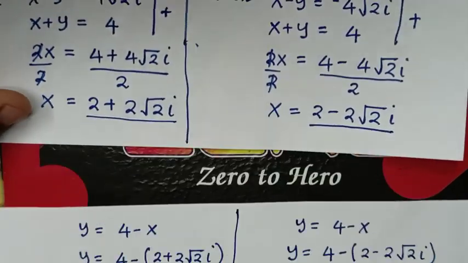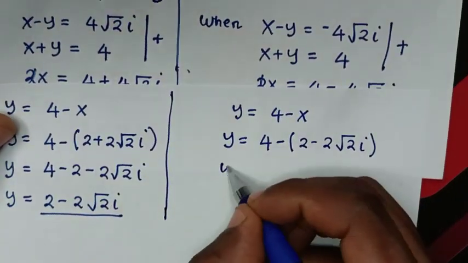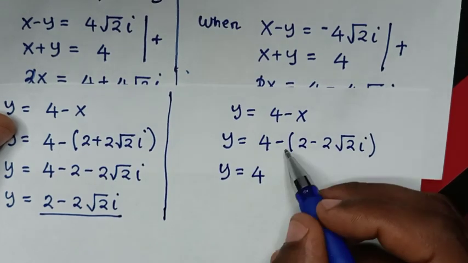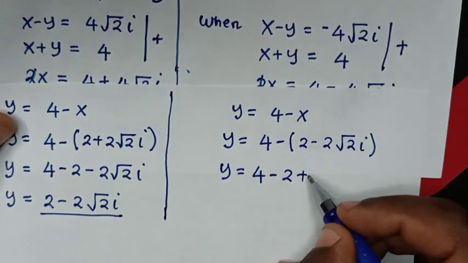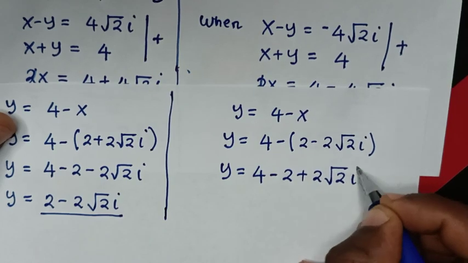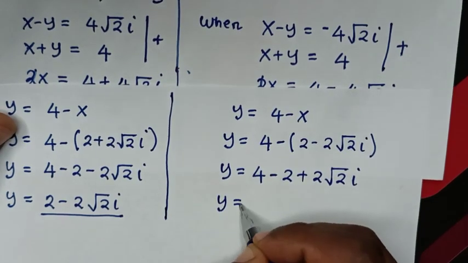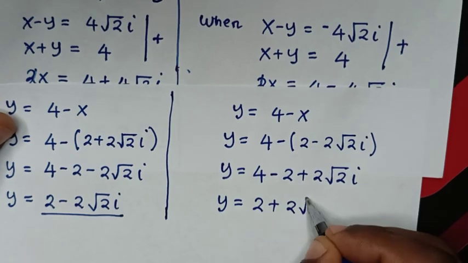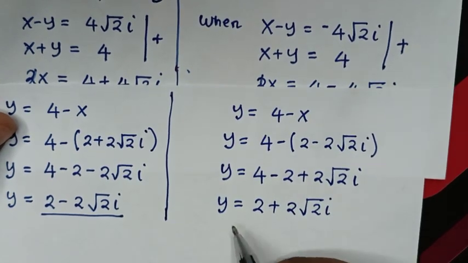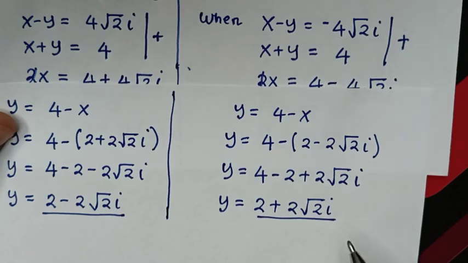So into here it will be y is equal to 4. We take the negative inside the bracket to be minus 2, negative and negative to be plus 2 square root of 2i. So it will be y is equal to 4 minus 2 is 2, then plus 2 square root of 2i. So this is the value of y.